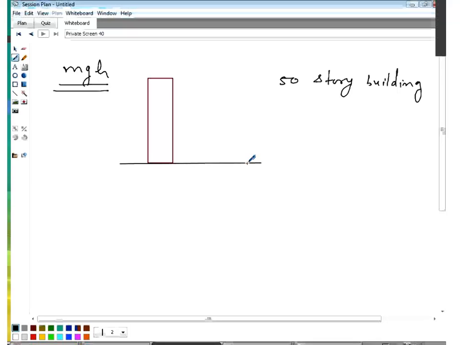When we are handling this situation, we can't treat it as a particle. Or if we can treat it as a particle, then what should be the height in the MGH formula?